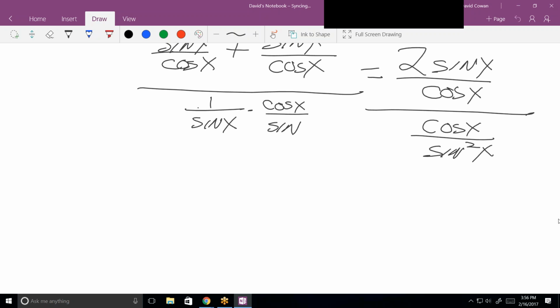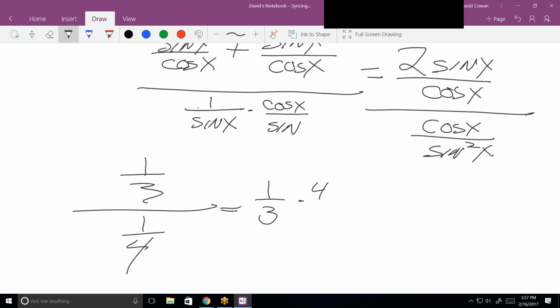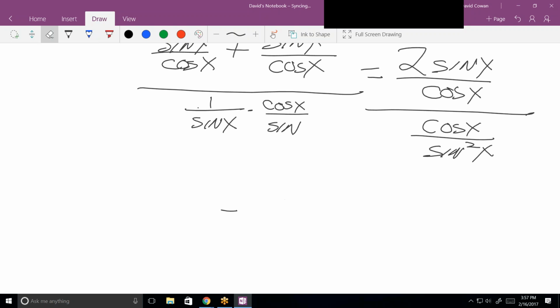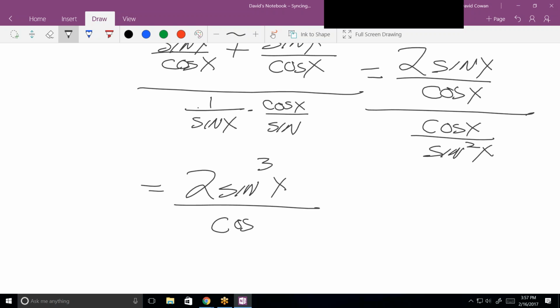When you have a fraction, in other words, if I have 1/3 divided by 1/4, I am never doing that as a division problem, ever. I'm going to flip the bottom and multiply so that it becomes 1/3 times 4 over 1. So whenever you see a fraction over a fraction, always flip and multiply. If I do this, I now get, in the numerator, 2 sine to the third of x, and in the denominator, cosine squared of x.